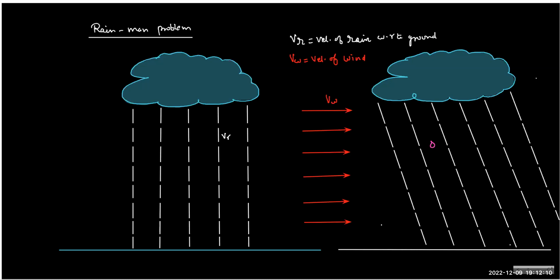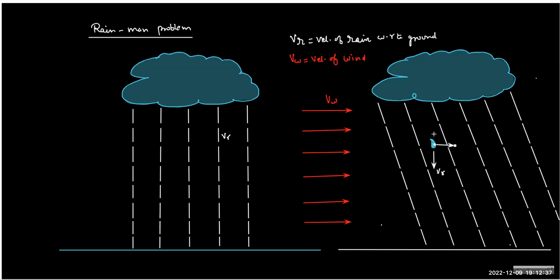of the raindrop, let me keep the color same. So it will have its own velocity because of the vertical motion, which was VR, and the wind will give a thrust. It will push it towards the right, and the wind will try to give you a velocity.